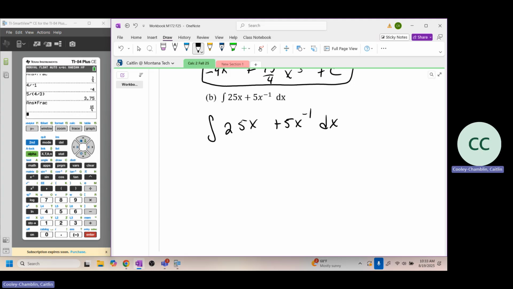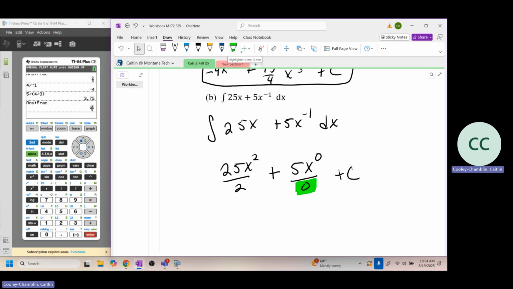You're probably saying, Katie, how can you do this incorrectly? You'll see. So don't write this down. This is 25x squared divided by 2 plus 5x to the 0 divided by 0 plus c. Oh, that's an issue. Hopefully you're screaming at your computer and saying, Katie, you can't divide by 0. The world's going to explode. You're right.